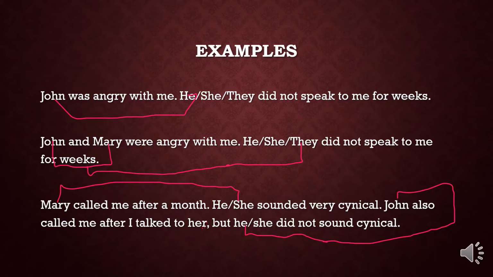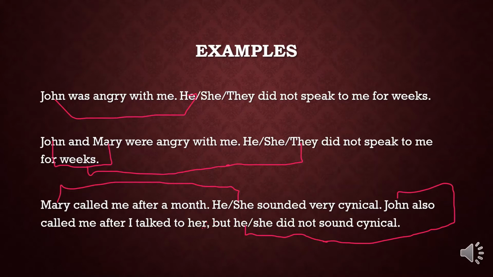Mary called me after a month. She sounded very cynical. John also called me after I talked to her, but he did not sound cynical. We are referring to Mary by using she, and we're using he for John because of their gender.